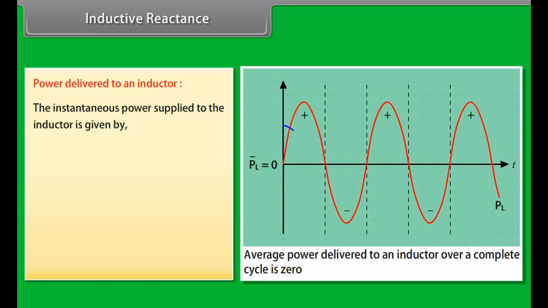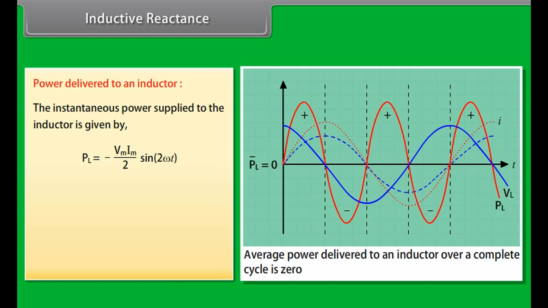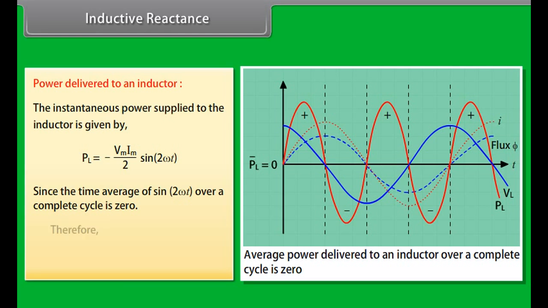We apply Kirchhoff's rule in the loop to get V - VL = 0. Now, put the values in the above equation: di/dt = (Vm/L) sin ωt.